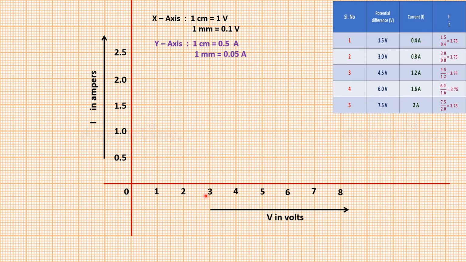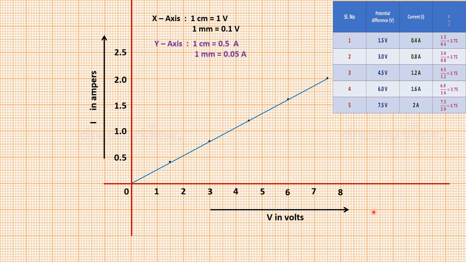So for 1.5 volts, it is 0.4 amperes. Next, 3.0 volts means 0.8 amperes, 4.5 volts 1.2 amperes, 6.0 volts 1.6 amperes, 7.5 volts 2 amperes. Now connect all these points, we get a straight line passing through the origin.